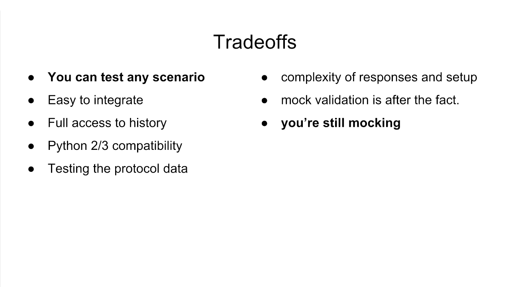By default, once the mocker has been started, it will intercept everything that goes through the requests library. You get full access to the requests and responses. Python 2.3 compatibility is probably not as much of a selling point anymore, but particularly when we were starting to do this library, even though requests makes web interaction a whole lot easier, there are definite places where bytes versus strings matters.